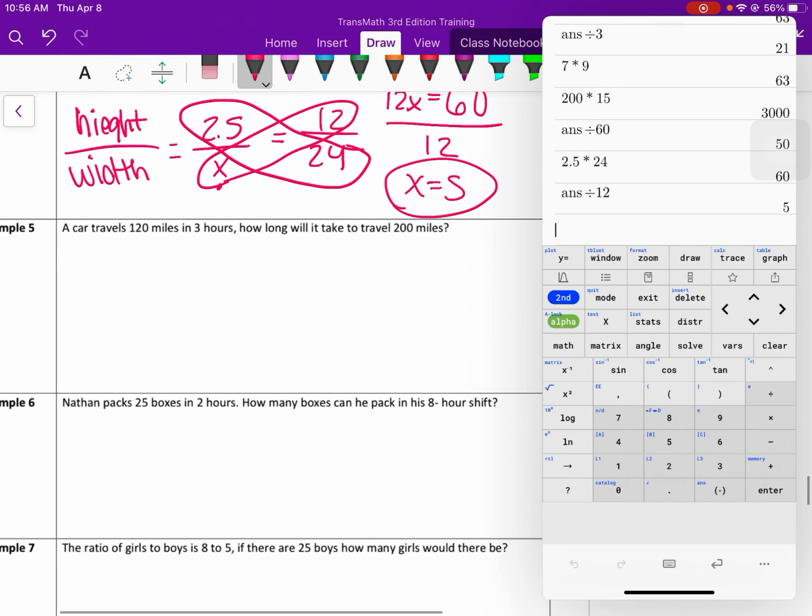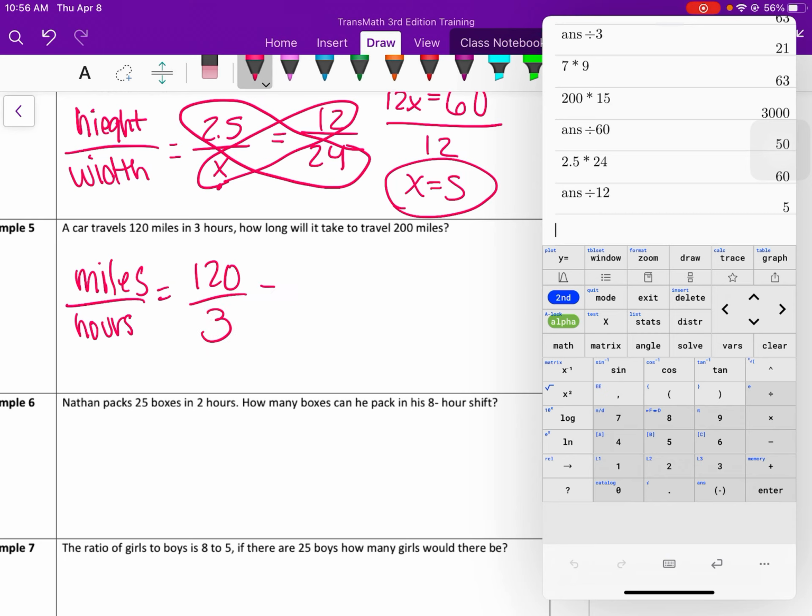A car travels 120 miles in 3 hours. How long will it take it to travel 200 miles? So we're going to do miles over hours. So you're going 120 miles in 3 hours. How long will it take you to travel 200 miles? So set up like that.